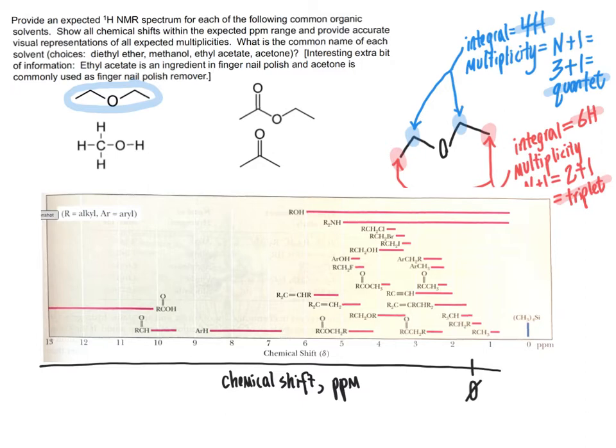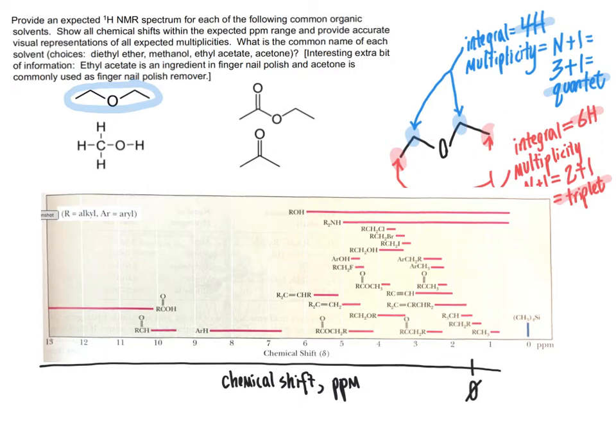So within our structure here of our diethyl ether, we need to think about what we expect in terms of the functional groups. So we have our blue protons that are adjacent to the oxygen atom of an ether group. And in order to predict the expected chemical shift of that set of 4 protons that make up a quartet, we need to look along our expected values here and find an ether functional group and the protons that are directly adjacent to it.